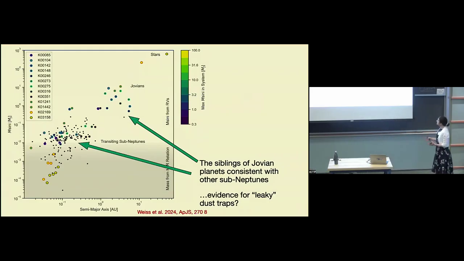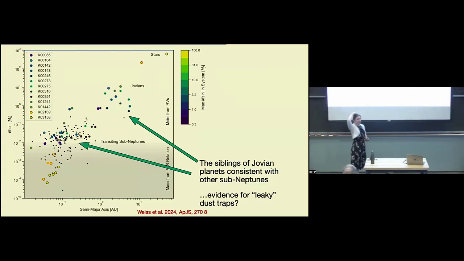So this is the evidence that I'd really like to point out as showing that the Jovians have not stunted or enhanced the growth, in terms of just the sizes or orbits, of these sub-Neptunes. So this might be evidence for leaky dust traps like we've been discussing, right? Because the little guys with the stellar companions that actually truncated their disks did get stunted, but the sub-Neptunes in systems with Jovians did not.